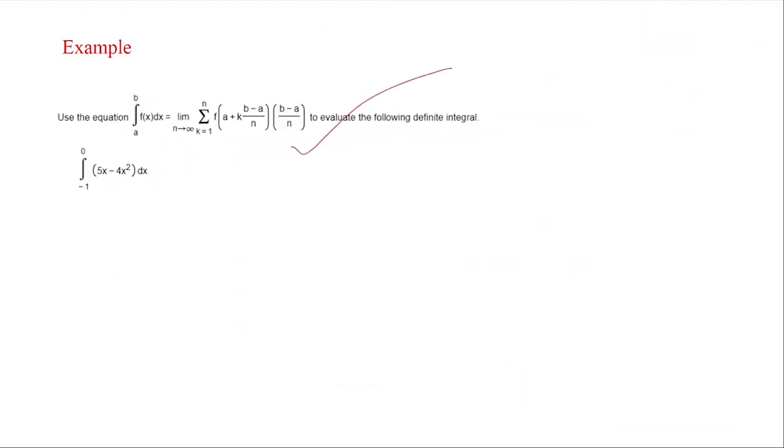So just find out a, which is -1, b, which is 0, and n is not known. So for finding this definite integral, we need to find the limit of the sum from k equals 1 to n. Just plug the value of a, which is 0. No, a is, yes, a is -1.